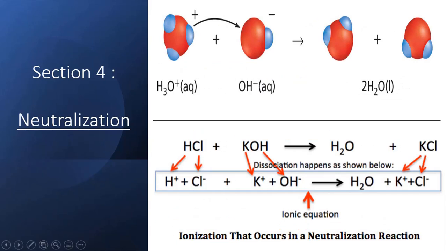Okay, two water molecules will be coming from H3O positive and OH negative, or the opposite. If you have an acid and a base, HCl plus KOH, you have dissociation of these ions, and then the H and OH will be together, and the K and Cl will be together to produce KCl.